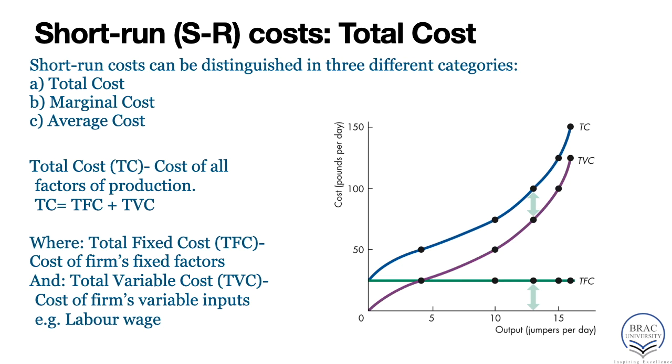And so, total cost can be found by adding the total fixed cost and the total variable cost of the firm. And as you can see on the graph, in the short run, the total fixed cost is constant and the variable cost is rising as the firm increases output. So, we can say in the short run, as the total variable cost rises, so does the total cost, whereas the total fixed cost remains constant.